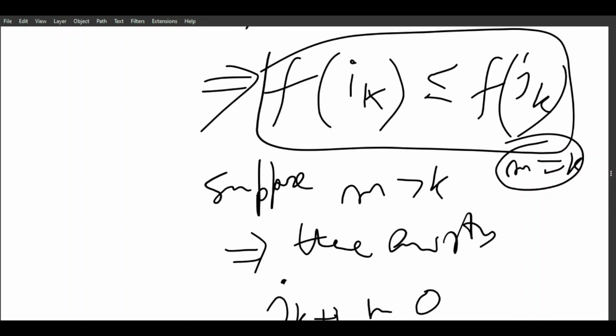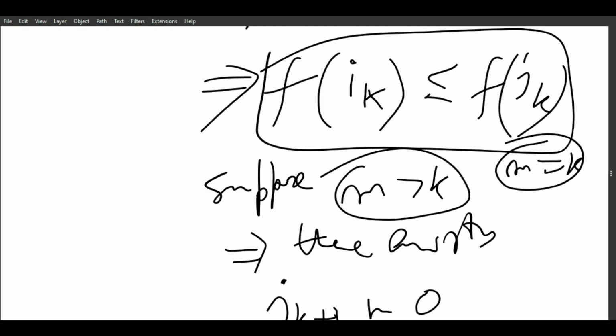This is our objective. So if m is not equal to k, k is the last element of our last interval of our algorithm A. So the only possibility when m is not equal to k is that m is greater than k. We will show that this is also not possible.